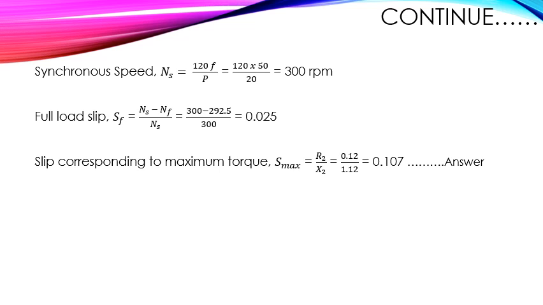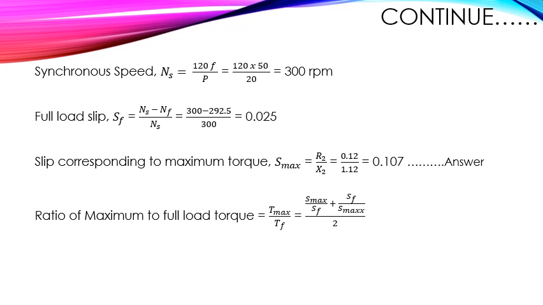With this we can find the slip corresponding to maximum torque. So S max is equal to the ratio of R2 by X2, and that is 0.101107, and that is the answer for slip corresponding to maximum torque.